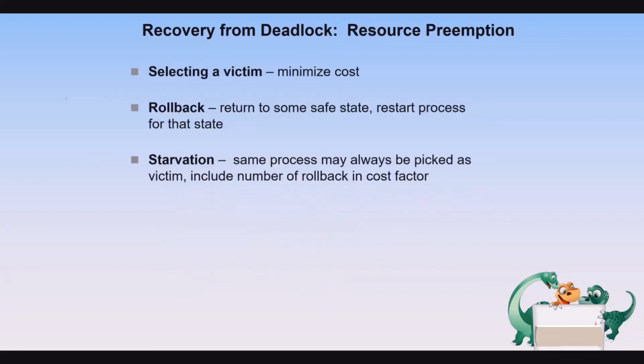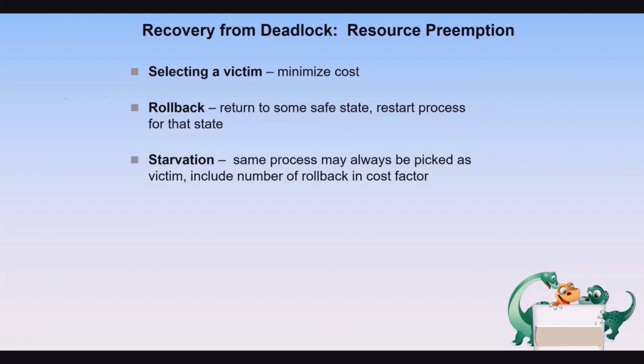Recovery from deadlock: resource preemption. Select a victim to minimize cost. Roll back, returning to some safe state, and restart the process from that state. Watch out for starvation: the same process must not always be picked as the victim, so include the number of rollbacks in the cost factor.